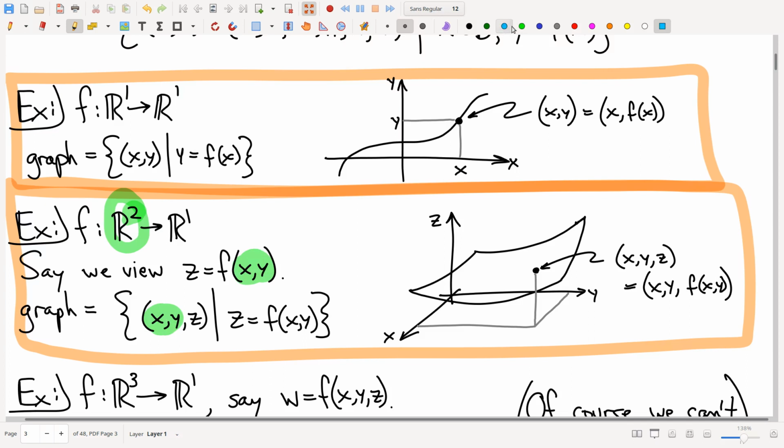One output value goes next, and the graph is the collection of all points of that sort. Everybody good? Alternatively, if you prefer, the other option for how to think about this, we take our formula.